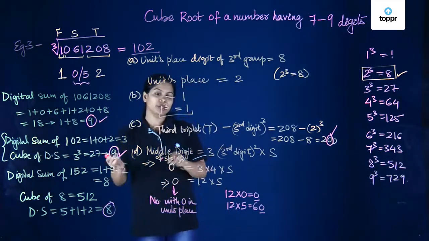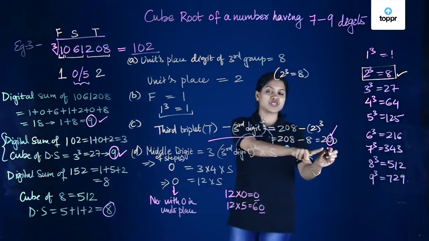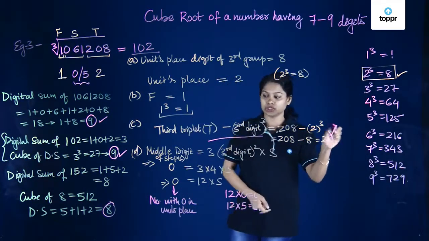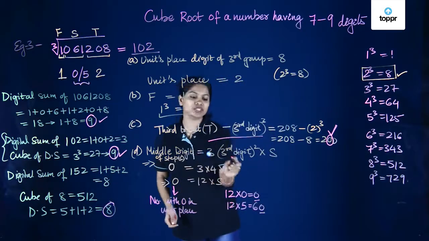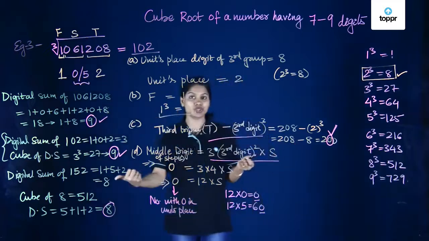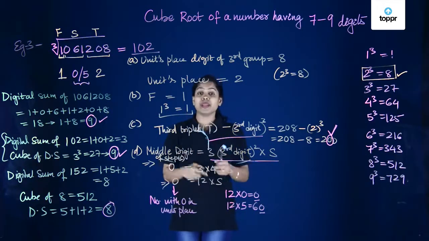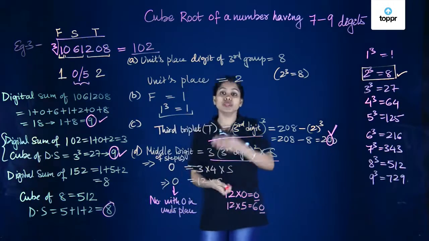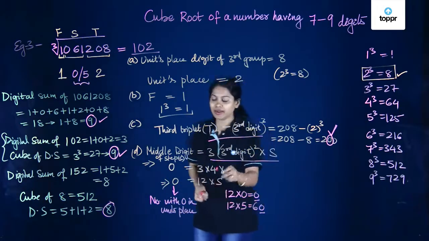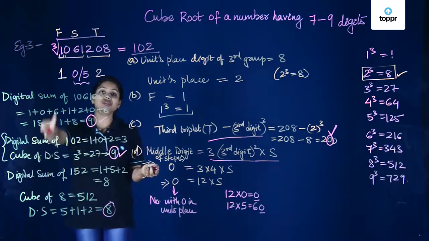First we take the third triplet and subtract the cube of the third digit, which gives us 200. Then we pick the middle digit and write it as 3 into third digit square into s, where s is the second digit. That gives us s, the second digit. Now if we come across more than one choice for s, in that case we need to find which works by using the digital sum method.